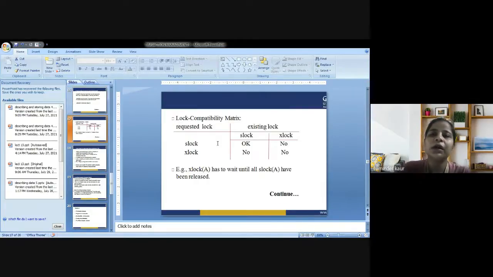So this is the compatibility matrix for the requested lock and existing lock, shared lock and exclusive lock. S lock, okay. X lock, no. X lock, no. And X lock, no. For example, X lock on A has to wait until all S locks on A have been released.